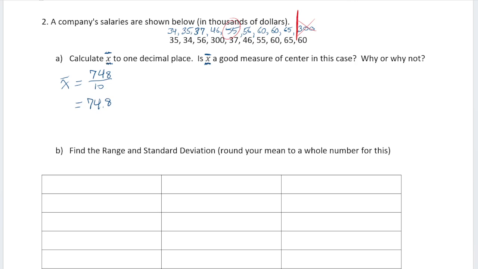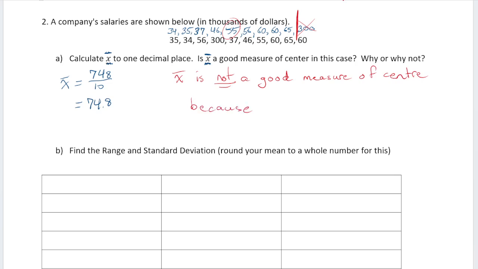The easiest way to say it is: is it a good measure? x̄ is not a good measure of center. Well, why?